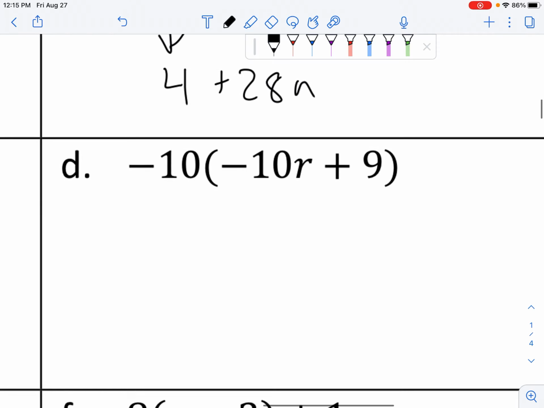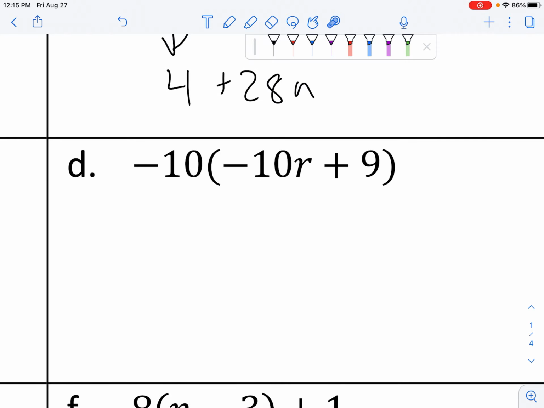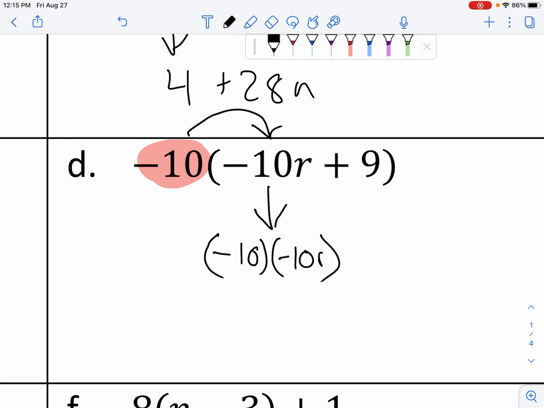Let's keep looking here. All right. I'm going to have a negative 10 times negative 10r. So I'm going to write that in expanded. You could do this math in your head, but I'm writing it all the way out. And then I have negative 10 times 9. So plus, we have a negative 10 times a 9.